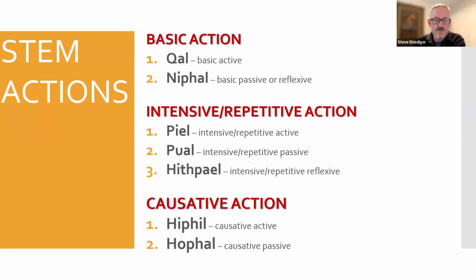And then we get to causative, something that's really hard to translate well into English because we just don't use English this way. It sounds really bad if you use English this way, but it's basically you're causing something to happen. So again, if we take qatal and put it into the Hiphil, third person masculine singular Hiphil, it would be something like he caused to kill.